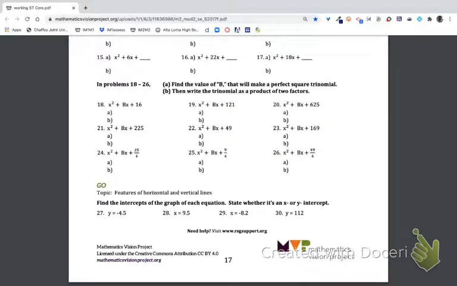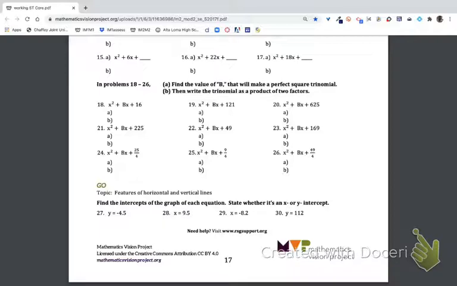For the second part of this, find the b value that'll make the perfect square trinomial. So in the previous one, we were taking half and squaring it. Now we've got to figure out what we can do here to work the other way around. Okay?